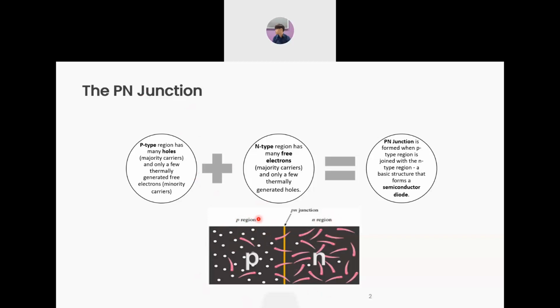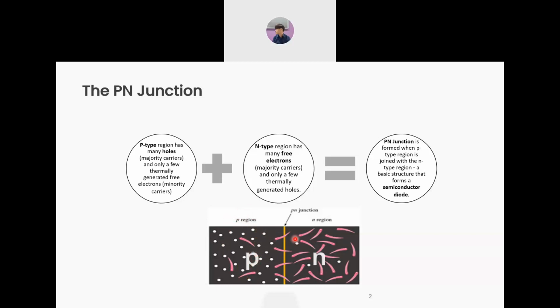So what does it mean by the p region? The p region is positively charged and the majority carriers in the p region are holes. It has more positive charge of holes compared to negatively charged free electrons.